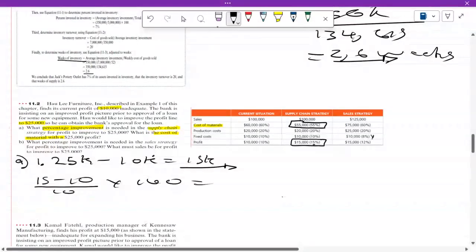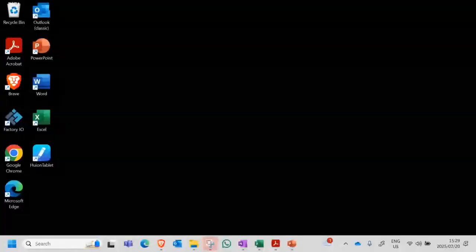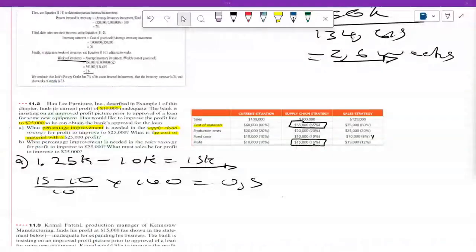So it says 50% increase. I'm doing this thing wrong. I need to quickly refer to the other screen. Where are we?